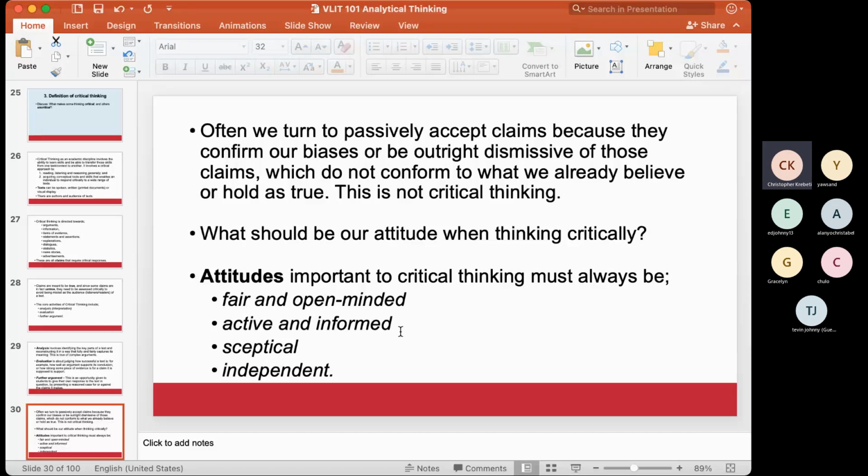But sometimes we tend to passively accept claims because they confirm our biases. We try to be dismissive of those claims because they do not conform to what we already believe. If you do that, you are not being a critical thinker. You are not being critical.